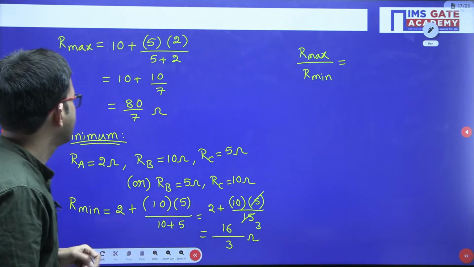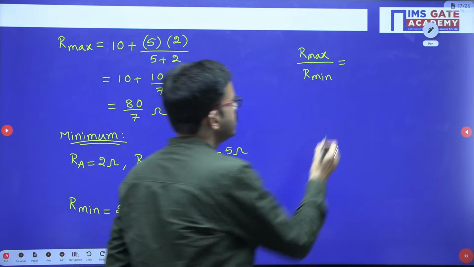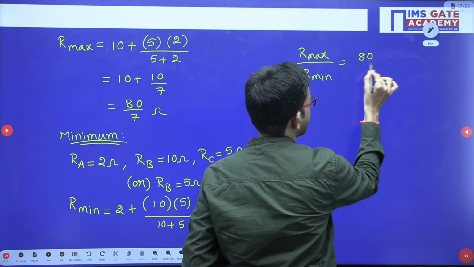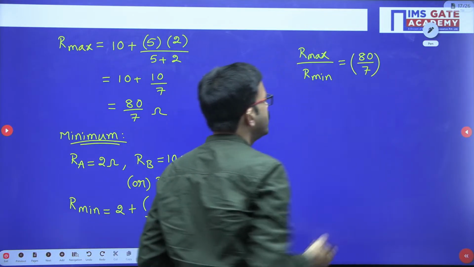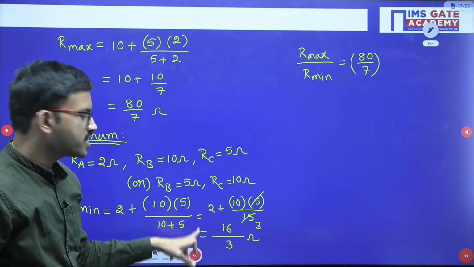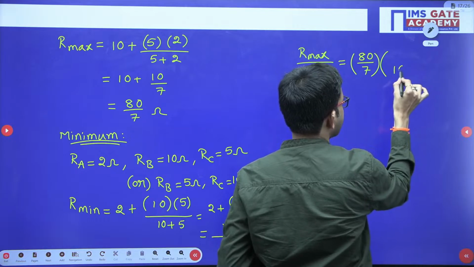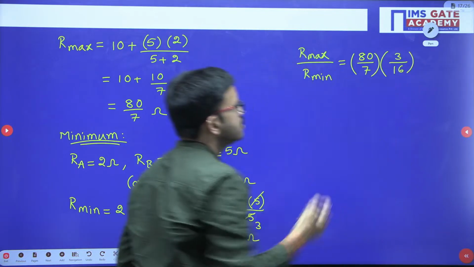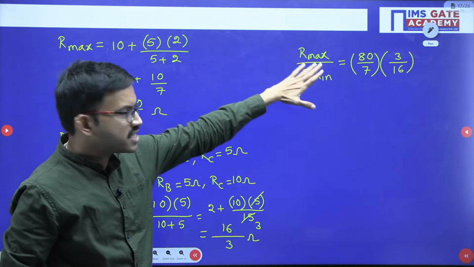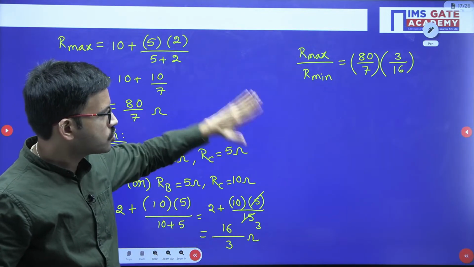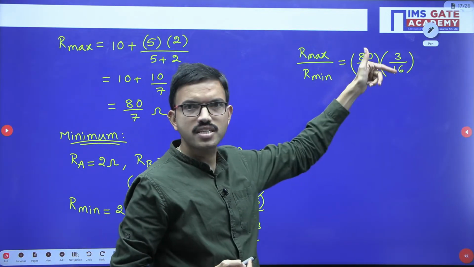Okay, right. So R max is 80 by 7, divided by R min. R min you got 16 by 3, right? Dividing by 16 by 3, we can write it as multiplying by 3 by 16, both are the same.